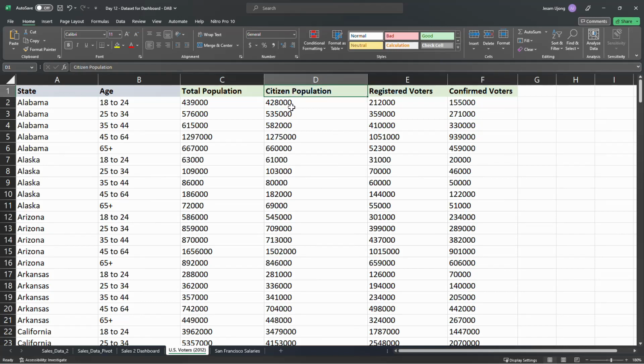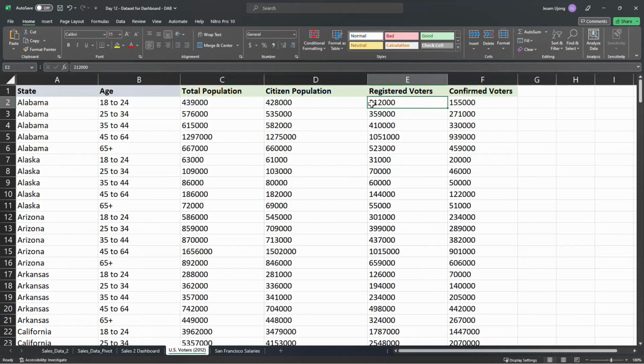That tells you that 439 minus 428 is about 11,000 of the population who were not citizens, so they were not eligible to vote. Now, of those citizens that were eligible to vote, 212,000 of them registered to vote. That means they got their PVC.